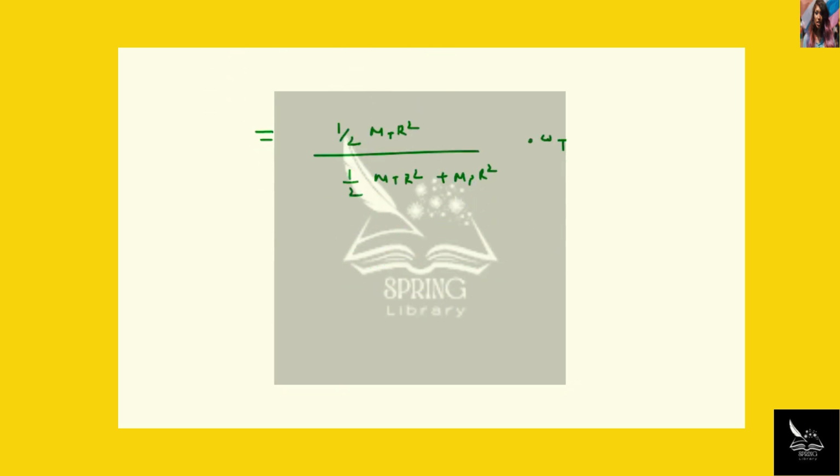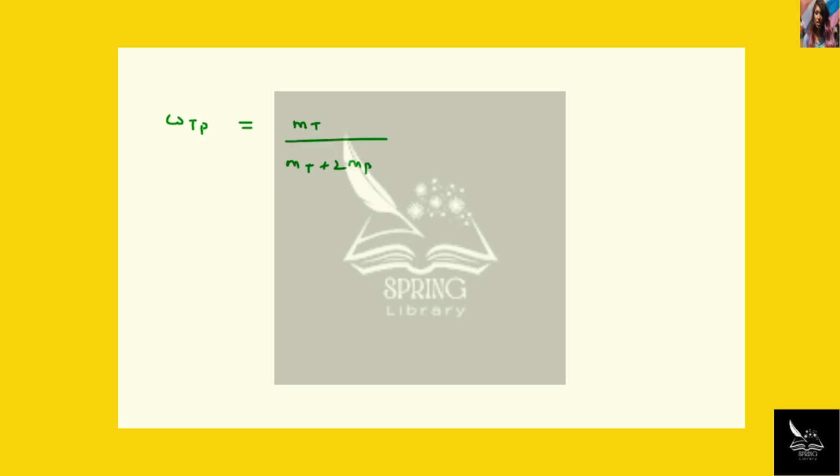So finally, on further simplification, you can write the value of omega_TP is equal to m_T by m_T plus 2 m_P multiplication omega_T.